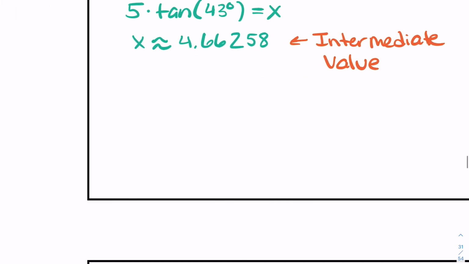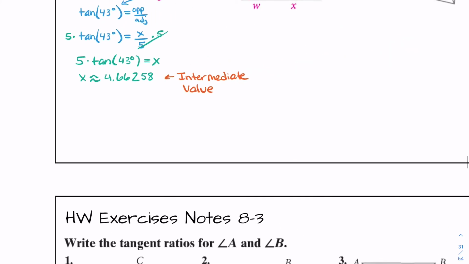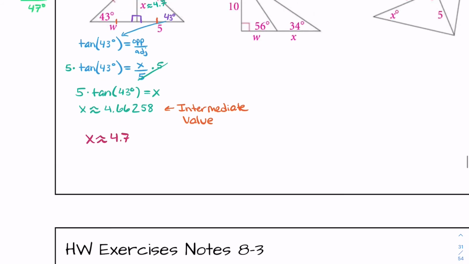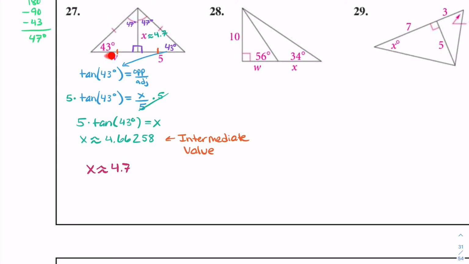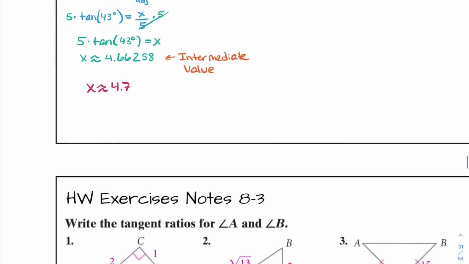Now I'll leave that note there for you. All right, so in this case, we'll summarize it by saying X is approximately 4.7. I was going to use it to solve for W, but I already know that W has to be equivalent to 5. And W is actually equal to 5 exactly.